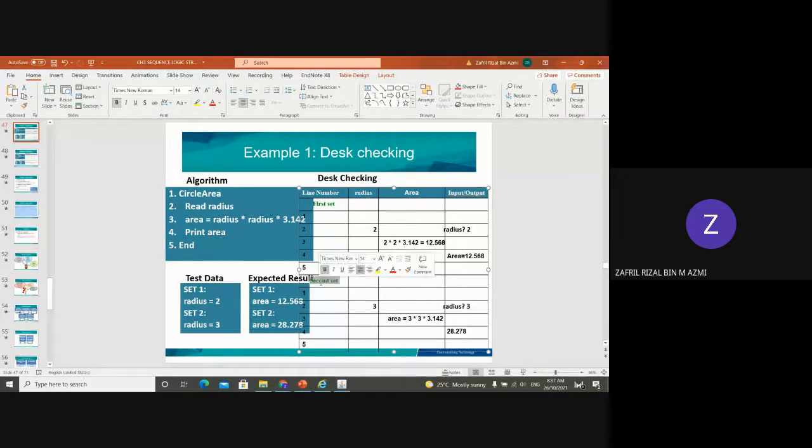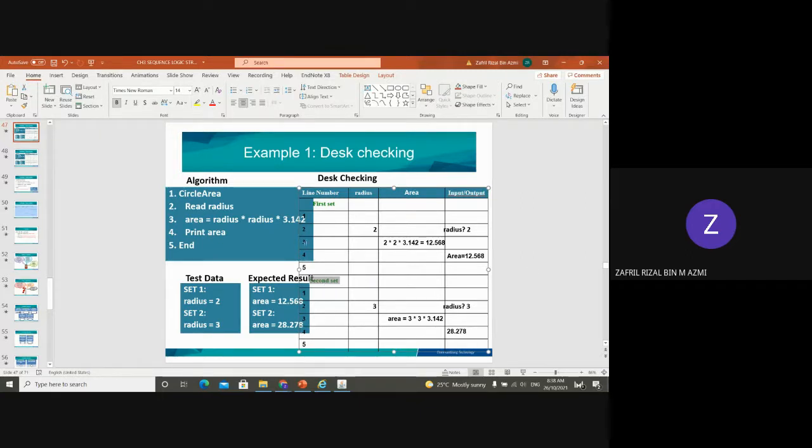This is the case if the requirement asks you to construct two sets of test data, meaning that you need to run the testing 2 times, just to verify whether the algorithm is correct or not. So this is the first set, this is the second set.